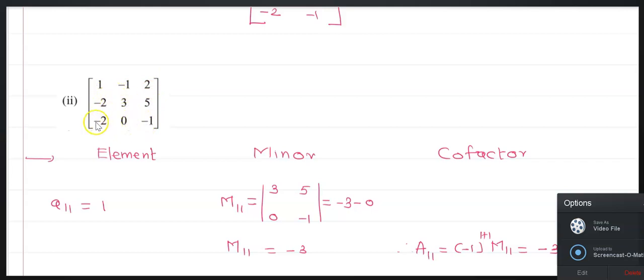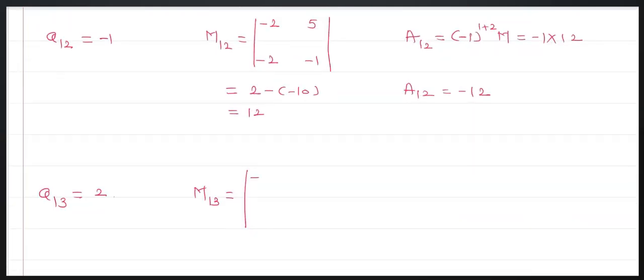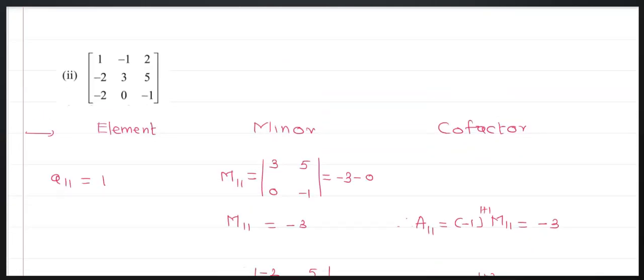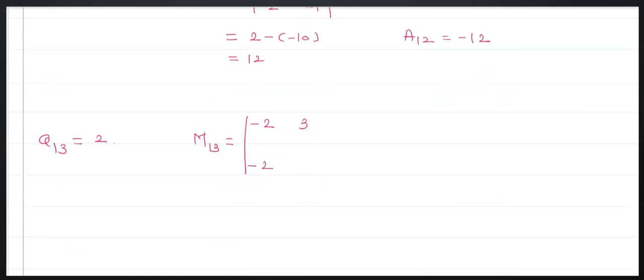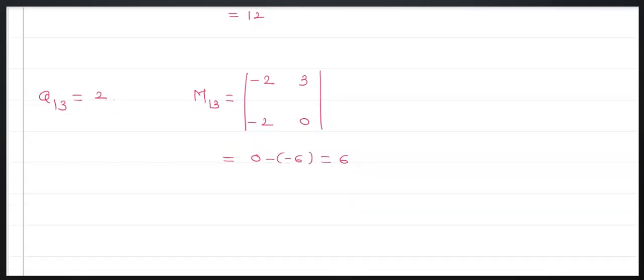Minus 2, 3 and minus 2, 0. Therefore, its value is 0 minus in bracket minus 6, which is 6. Therefore, M13 is equal to 6. A13 is equal to minus 1 raised to 1 plus 3, M13. That is equal to 6.